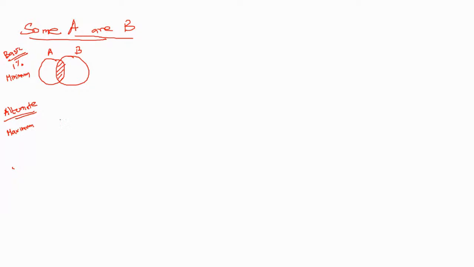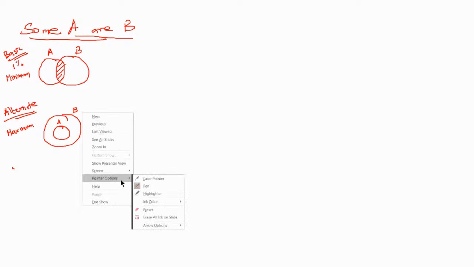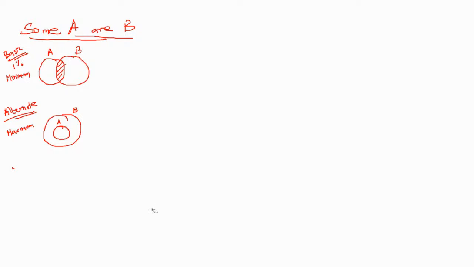So, in that case, how can you represent "some A are B"? If I write A as inside and B as outside, in this case I can say it as "all A are B". So this is not the diagram. How can I represent it?